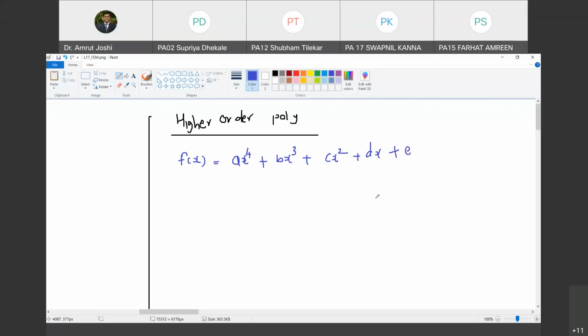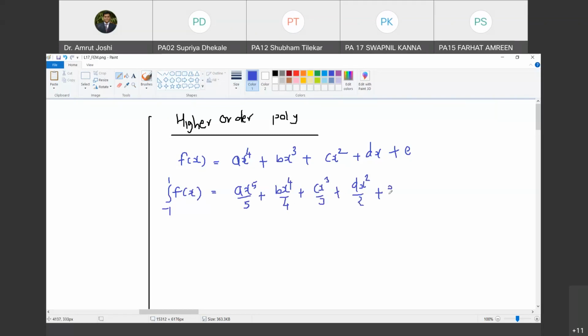So the degree of this polynomial is 4, greater than the cubic one. Its integration from -1 to 1 using the traditional method, tell me how much will it come? What is the integration of the first term? Ax raised to 5 upon 5. Second term? Bx raised to 4 by 4. Third term? Cx cube by 3. Fourth term? Dx square by 2 plus ex.